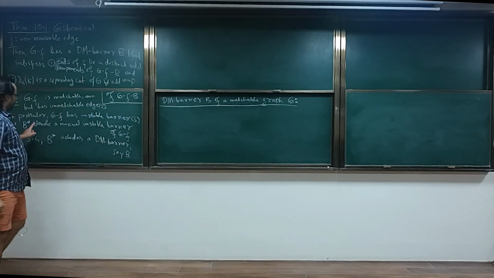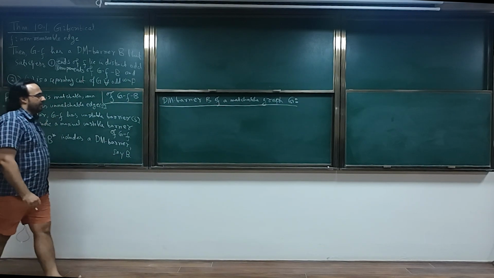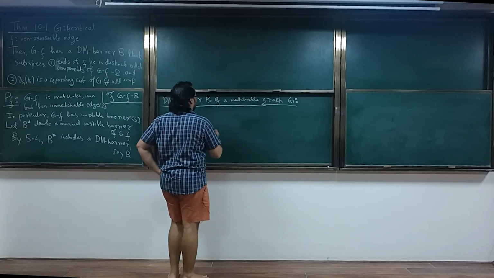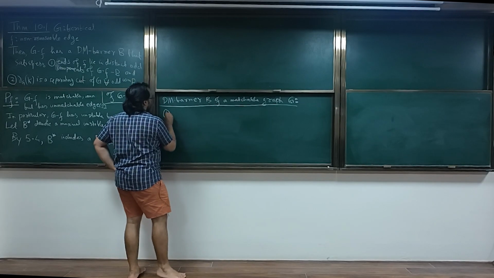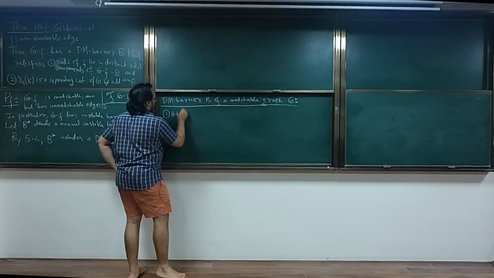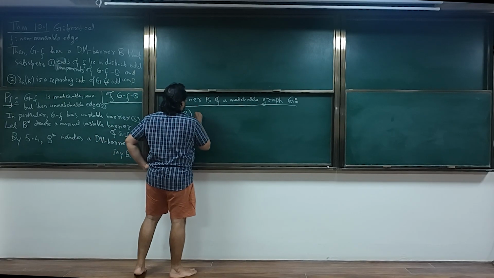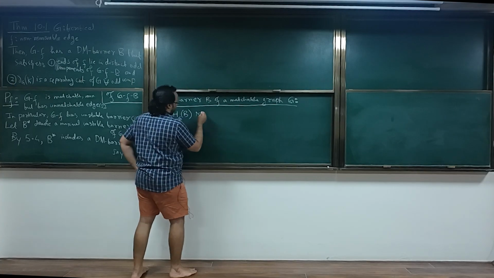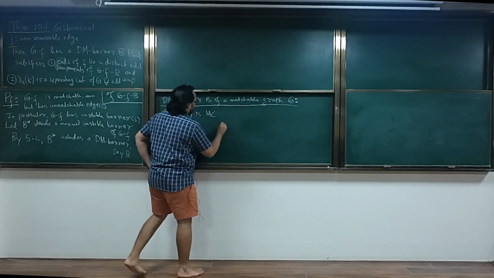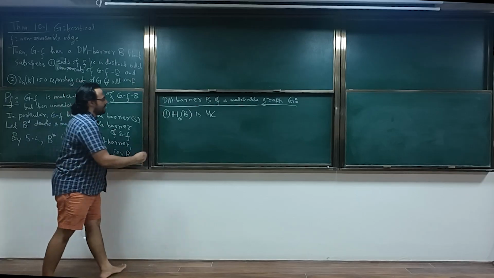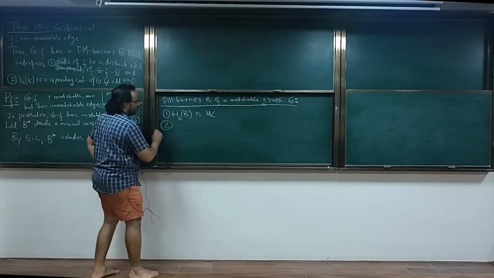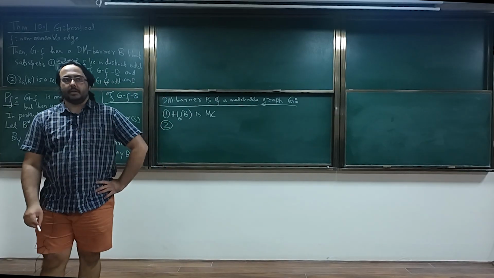Here the graph is actually G minus F, right? But I'm refining the Dulmage-Mendelssohn barrier for a matchable graph. The two things we need: the core with respect to this barrier, that is of course a bipartite graph, we want it to be matching covered. That's the first property. And the second property we want is that all the odd components are critical.